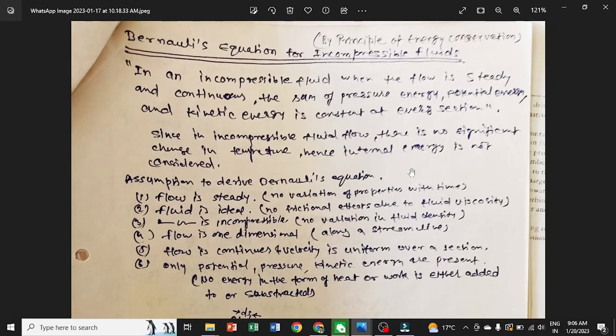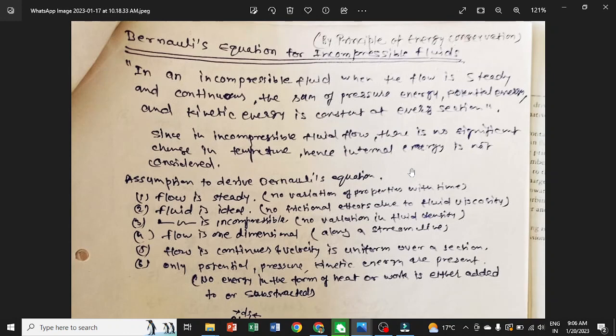I am teaching you today Bernoulli's equation, which is part of Unit 3, which is fluid. And we will prove today Bernoulli's equation using the principle of energy conservation.